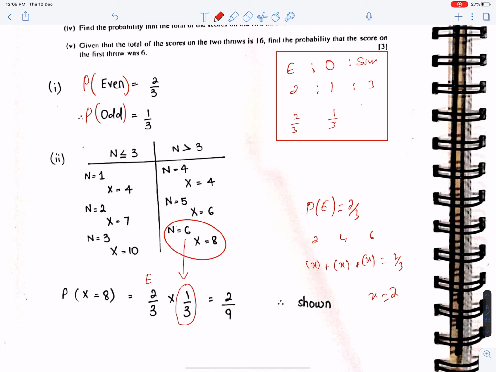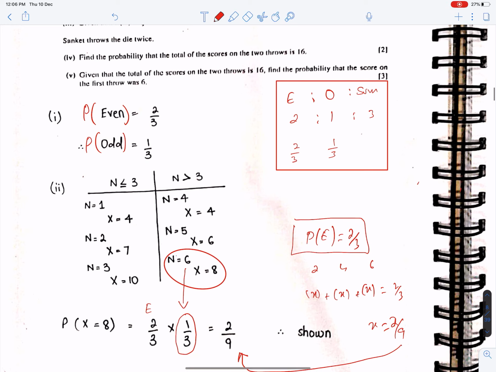So the probability of a specific number is 2 upon 9, and the probability of all 3 numbers is 2 upon 3. And here is the answer. So when you talk about all even numbers, the probability is 2 upon 3. And when you talk about any specific number like 6 or 2 or 4, in this case number 6, then the probability of that number is 2 upon 9. Make sure you understand this concept well.